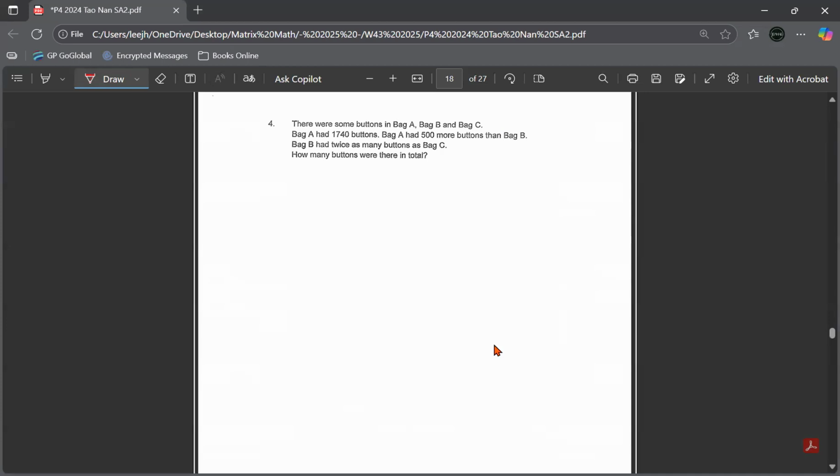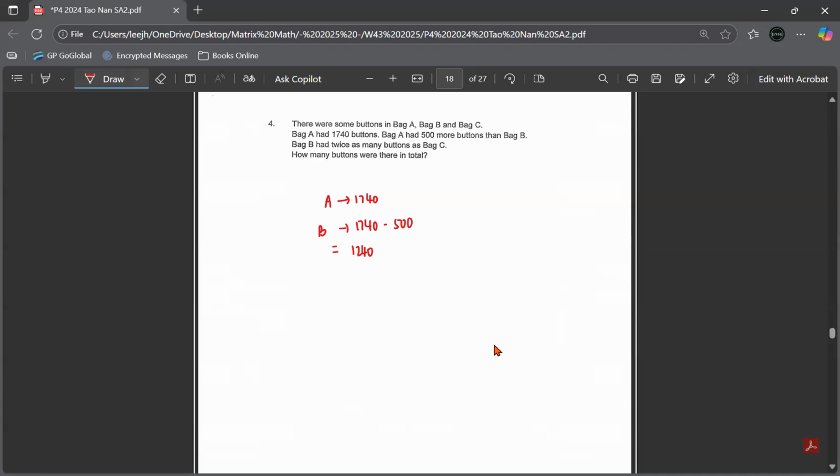So I have to write down A got 1,740, but A got 500 more than B. So it means B will be 500 less than A. So 1,740 minus 500, 1,240.